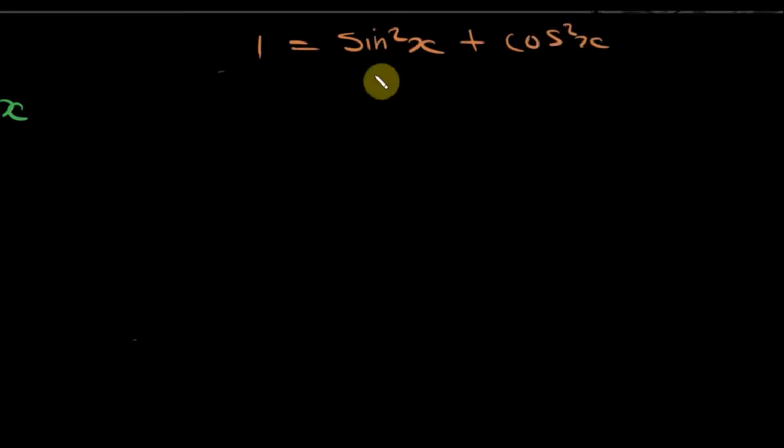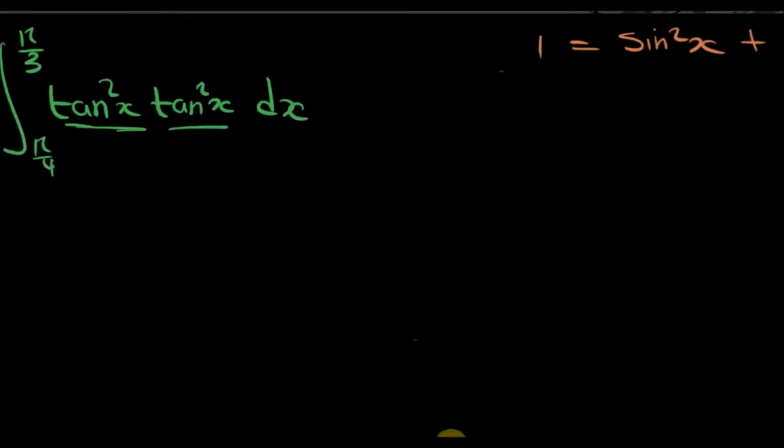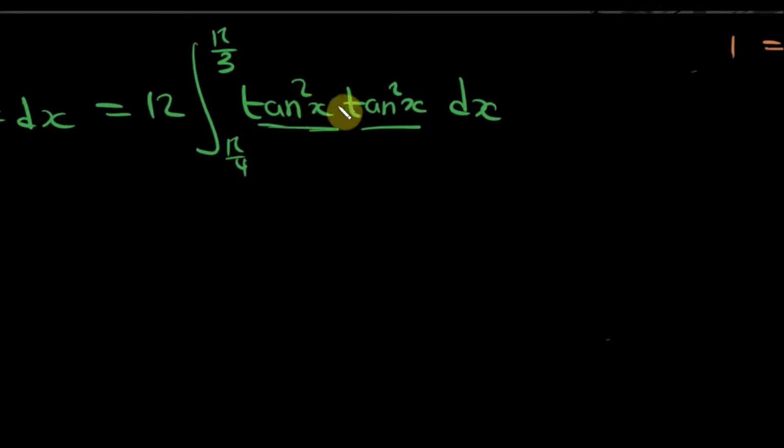I'm sure we are all aware of it: 1 is equal to sine squared x plus cos squared x. This is the basic identity which everyone knows. But what we are looking for is tan squared.